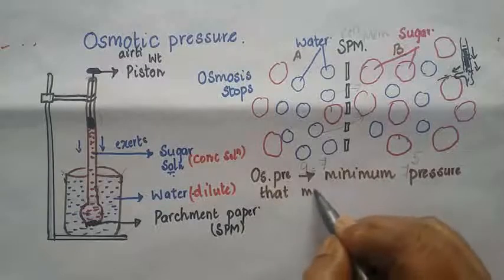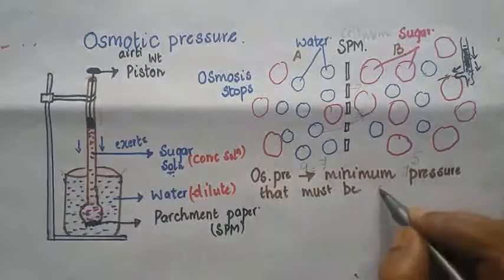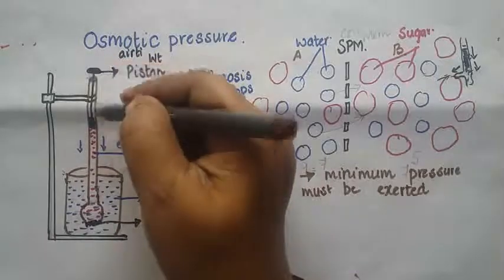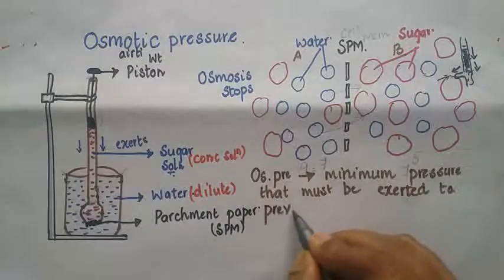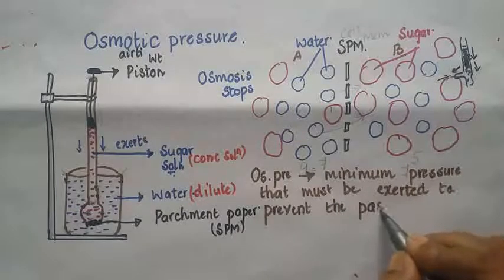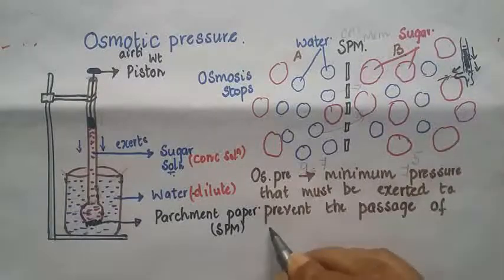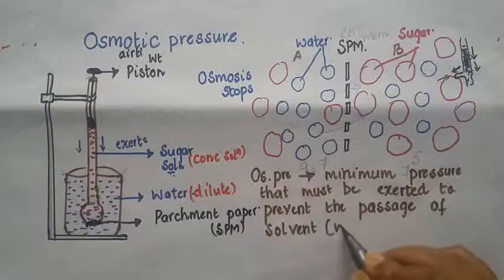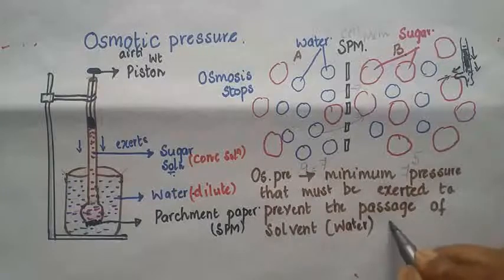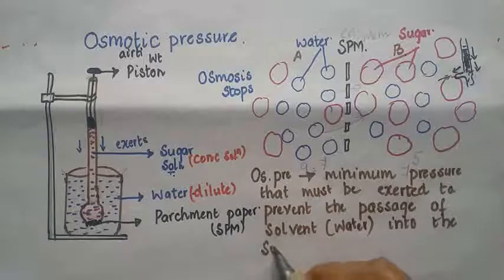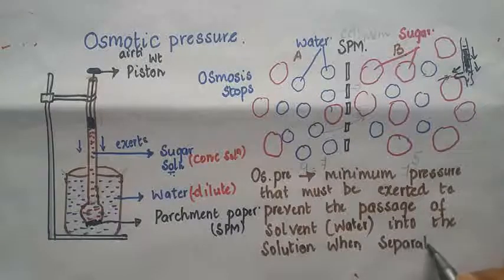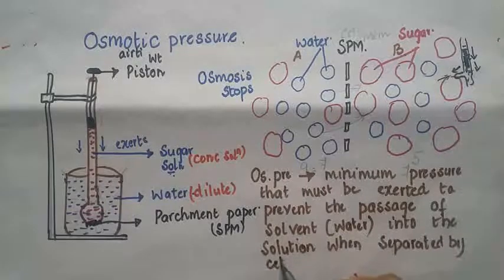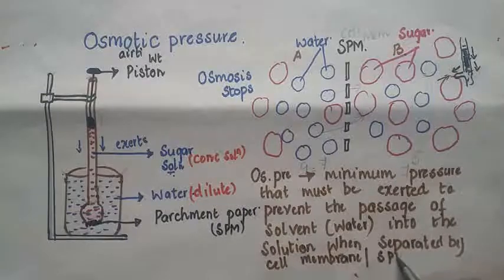It's a minimum pressure that must be exerted to prevent the passage of solvent into the solution when separated by a cell membrane, or what we call a semi-permeable membrane.